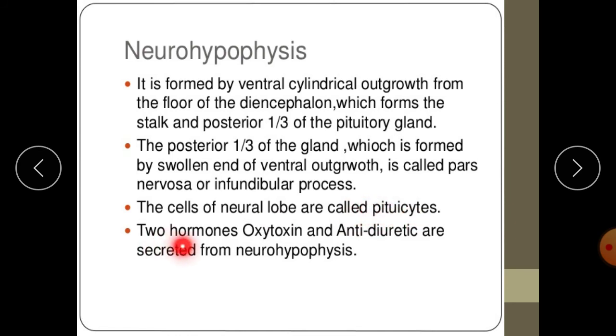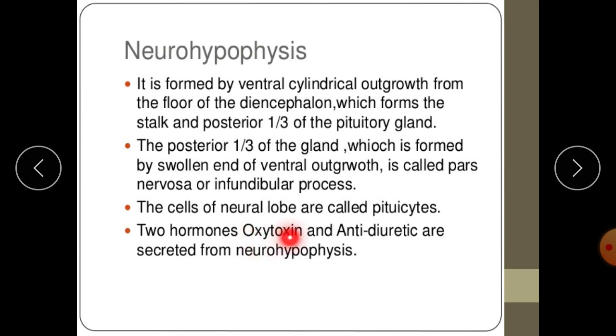Two hormones, oxytocin and antidiuretic hormone, are associated with the neurohypophysis. Actually these are not secreted by the posterior pituitary, they are secreted by the nerve cells and only stored in the posterior pituitary. As and when required, these two hormones are released to the blood circulation.